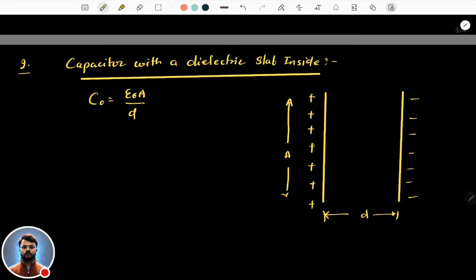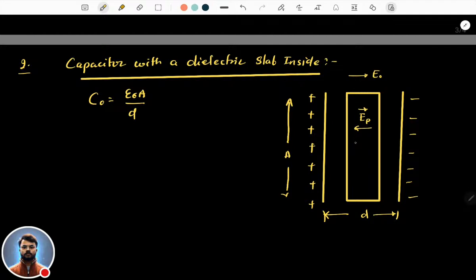Now we introduce a slab made of a dielectric material which does not conduct any electricity. There is an electric field generated outside, the external E naught, and the field generated inside the plate by the polarization is called EP.